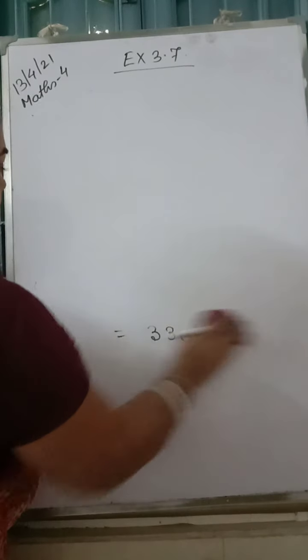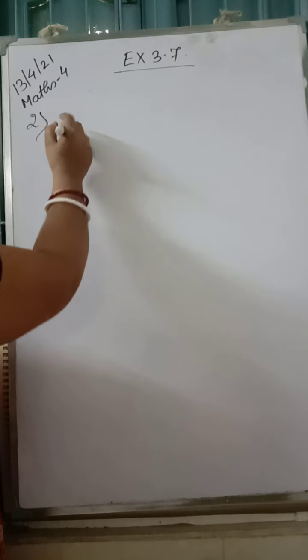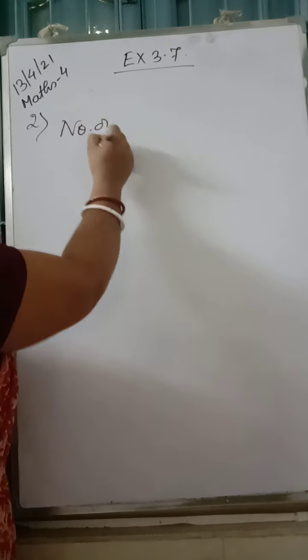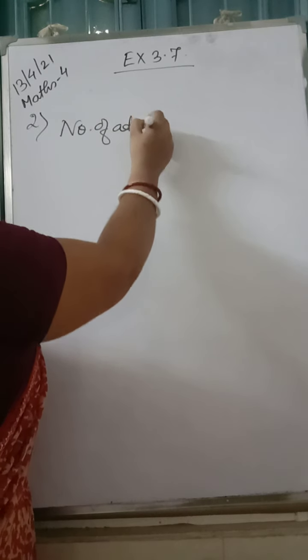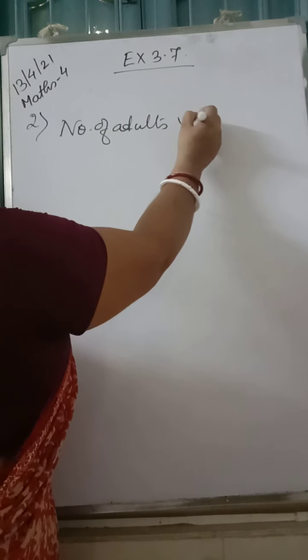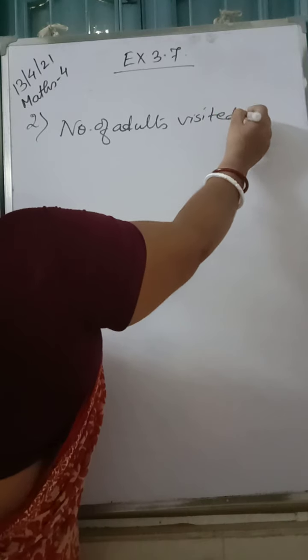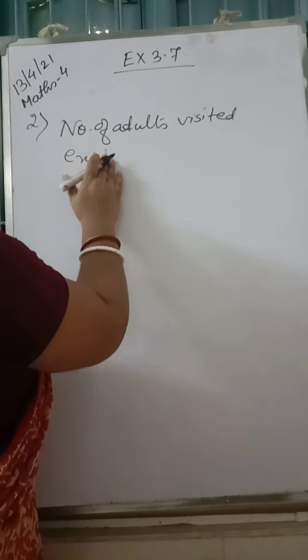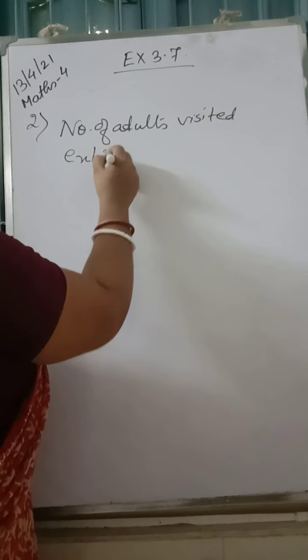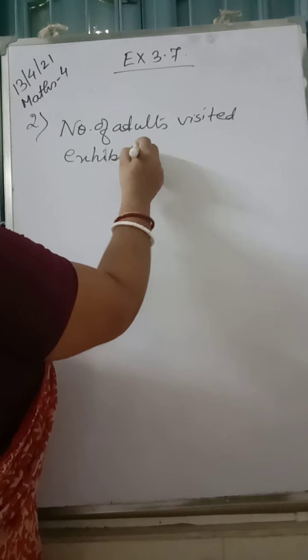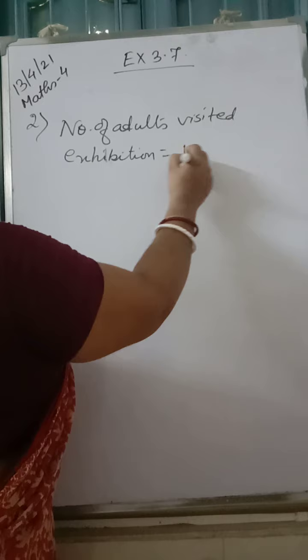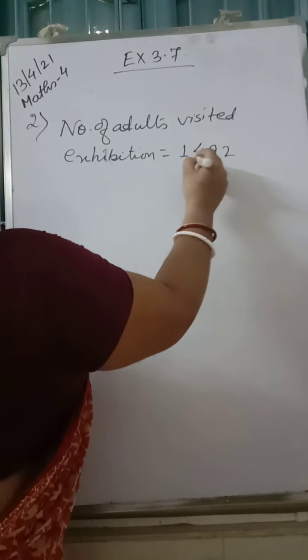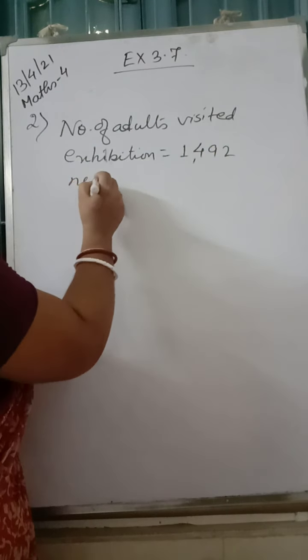Now you see, number of adults who visited the exhibition is given, 1492, nearest 1000.